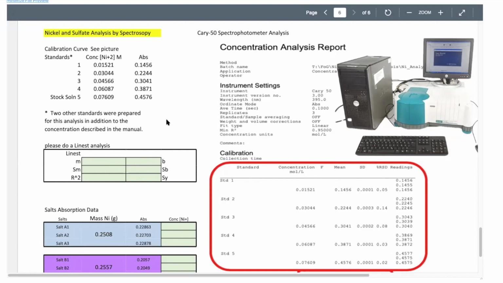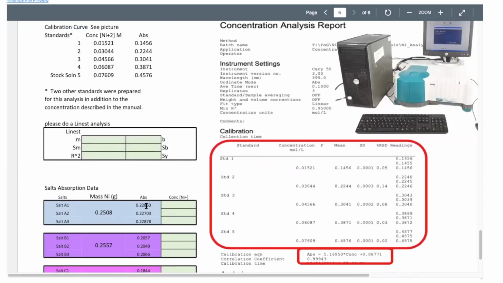Because once you know the slope and the intercept, the absorbance here is going to be plugged into the equation. And what you are going to be doing is calculating the intercept, which will give you the concentration of that. So you're working backwards.